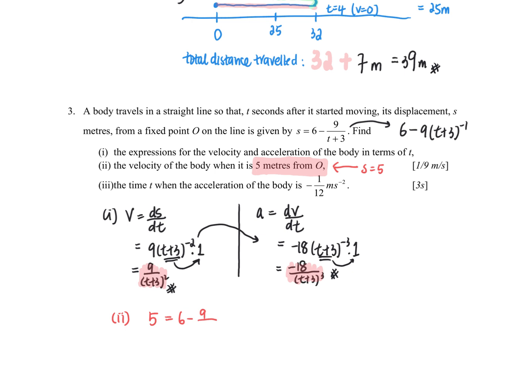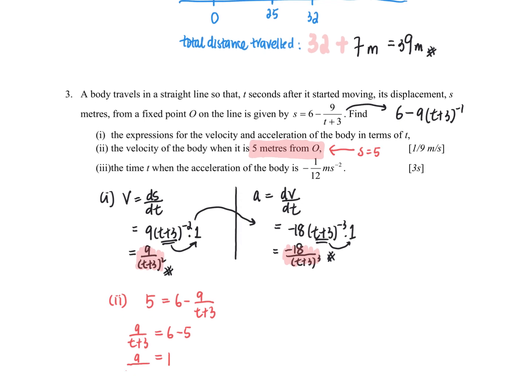Okay, so go and solve for T. Shift this over here. Bring the 5 over. So left 1. Okay, then cross multiply. It is 9, right?